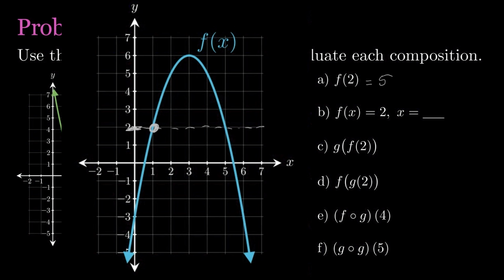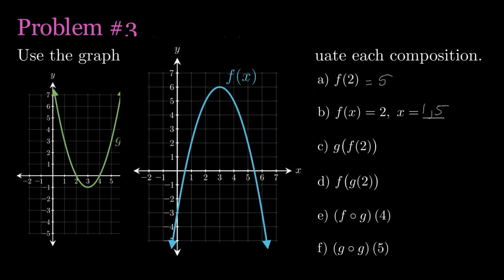And it looks like we have 2 points like that, right here and right there. And we just have to identify the x-coordinates, that means the inputs corresponding to that value. So we take it down, one of them is 1, and the other one is 5. So there are actually 2 such x's, 1 and 5.